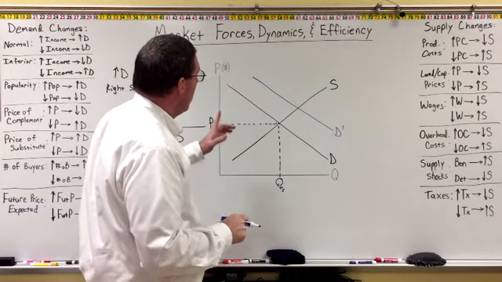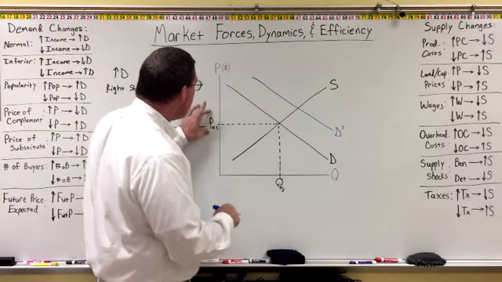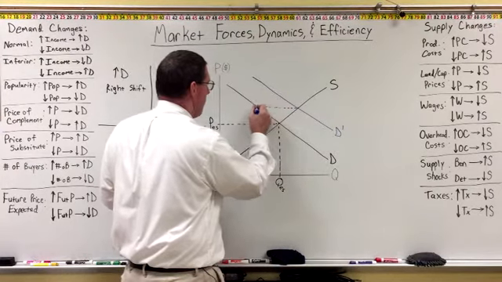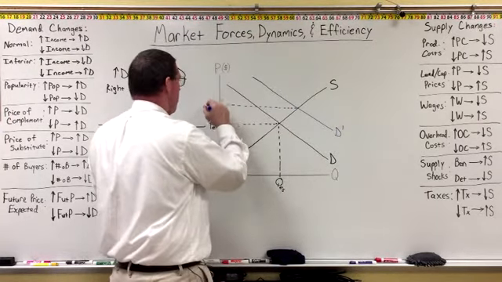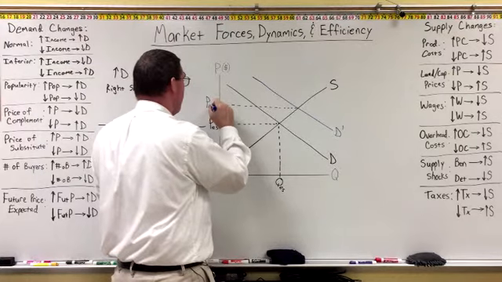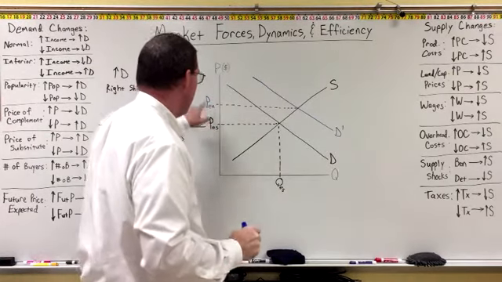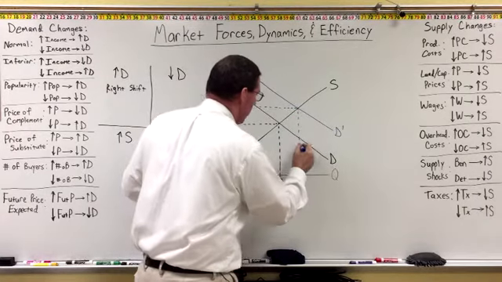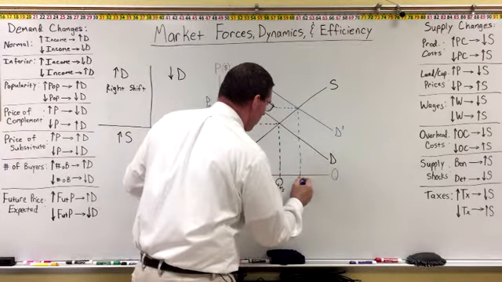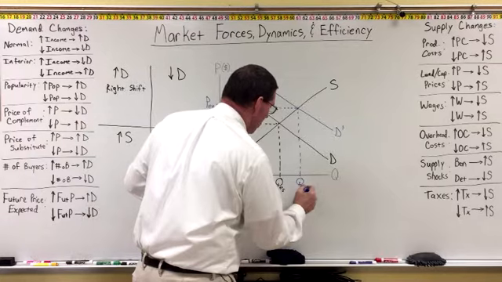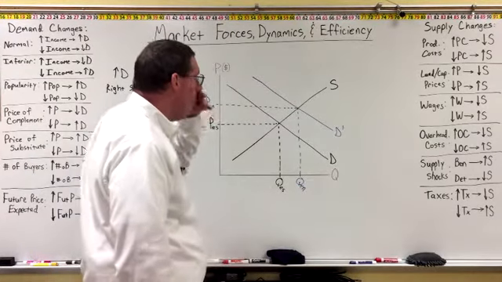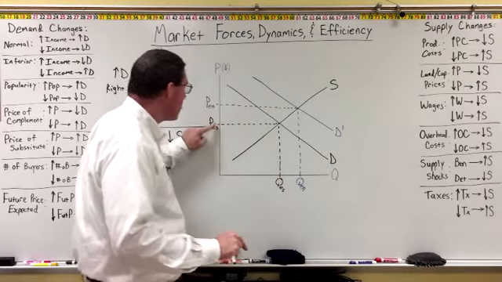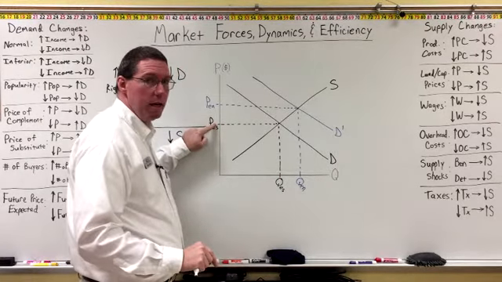And so when this happens, the new equilibrium price is here. So we're going to put PE, and I'll put an N for new, so PEN. Equilibrium price new, and down here is going to be equilibrium quantity new. Okay? Now, what happens if demand shifts, but the price stays down here?